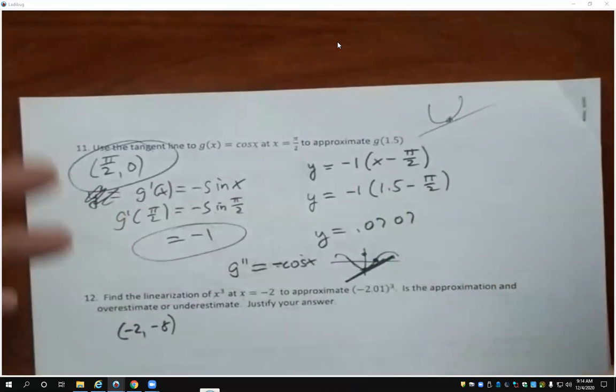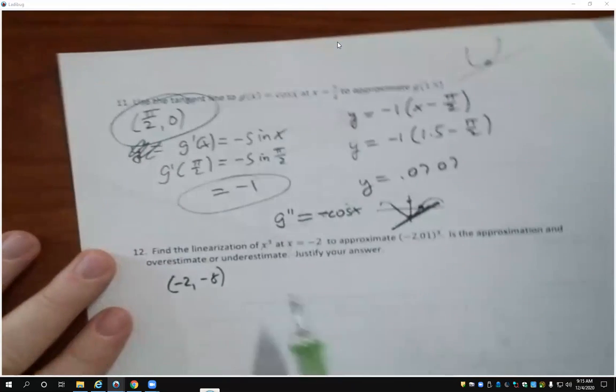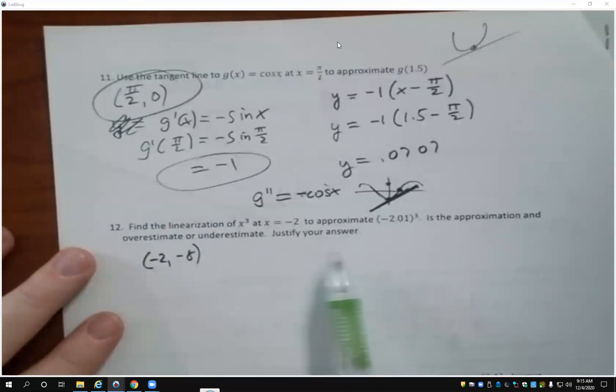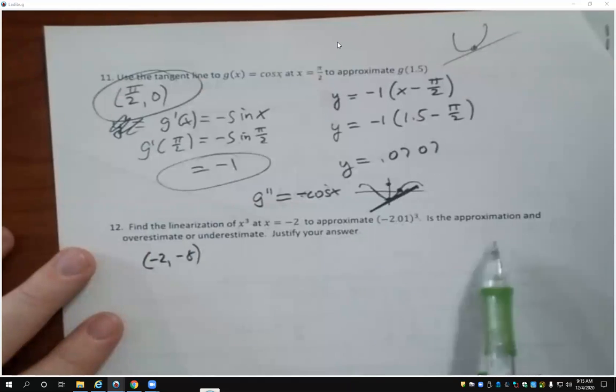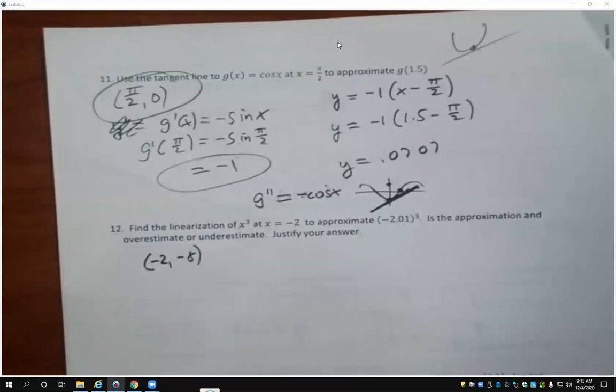Sometimes you only need to do that if you have to justify your answer. If you're just estimating on a multiple choice question, you're not going to justify your answer. But if you have an FRQ like this next one, you're going to be justifying your answer as to why it is an overestimate or an underestimate, and then you need to find it. Does that make sense?